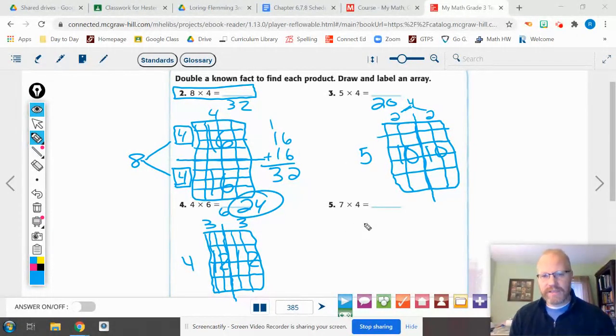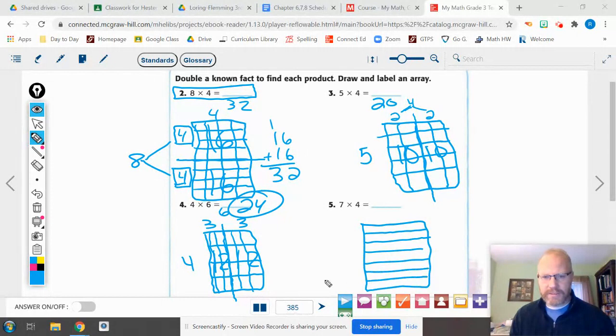Now we have 7 times 4. 7 is an odd number, so I cannot cut that in half. But I want to draw 6 lines, 2, 3, 4, 5, 6, to make 7 cuts, or 7 bars. And then I'm going to have 4 here. And 4, I'm going to cut it 3 times. 1, 2, 3.